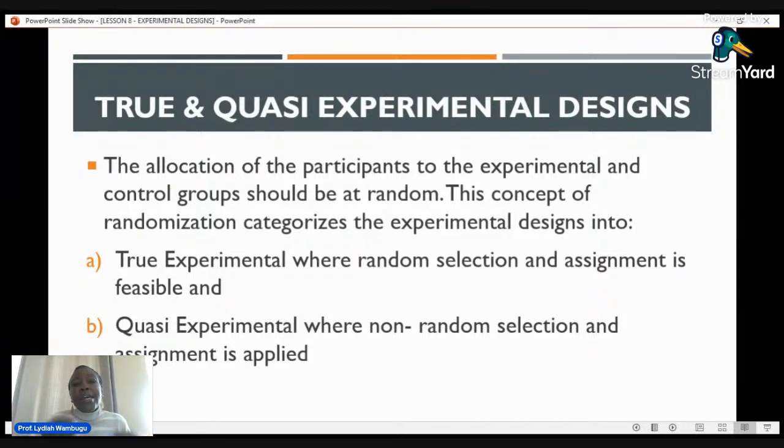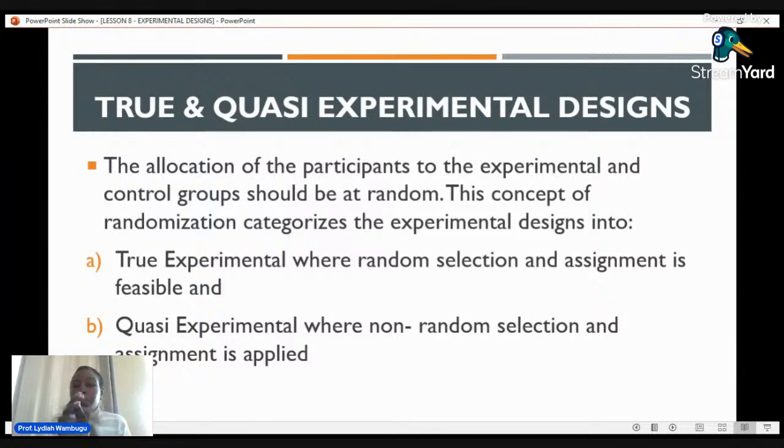So if your title reads effect of X on Y, then it means your design will be quasi-experimental. Even if you are using mixed methods, it will have a quantitative experimental part and a qualitative part. So the words effect of, impact of, effectiveness of, most of the time those will be experimental.